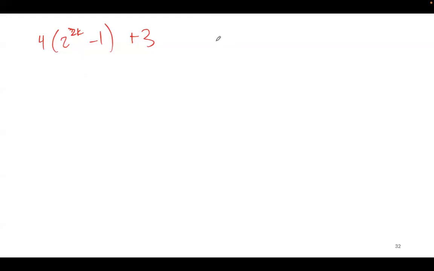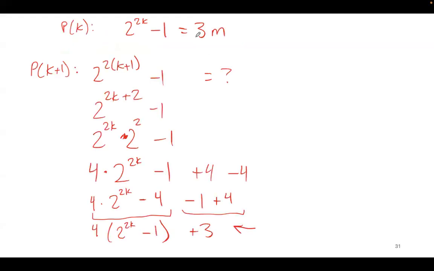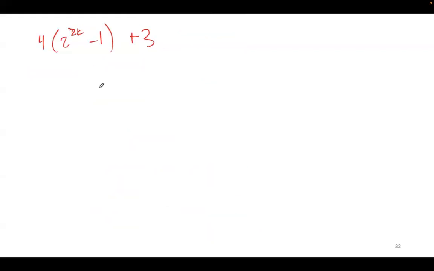Okay, so good news, we've reached a place where we can use our induction hypothesis. Remember, our induction hypothesis is this whole equation: 2 to the 2k -1 is equal to 3 times m. Look right here, we found it, we made it. So let's substitute that.